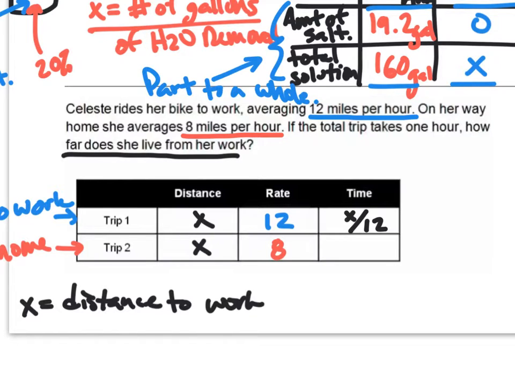However far it was, divided by 12 miles an hour, gives you the time. Same thing for the second trip: I take the distance and divide it by the rate, and it gives me x over 8. Now here's the hard part, putting it all together, and saying the trip takes a total of 1 hour.